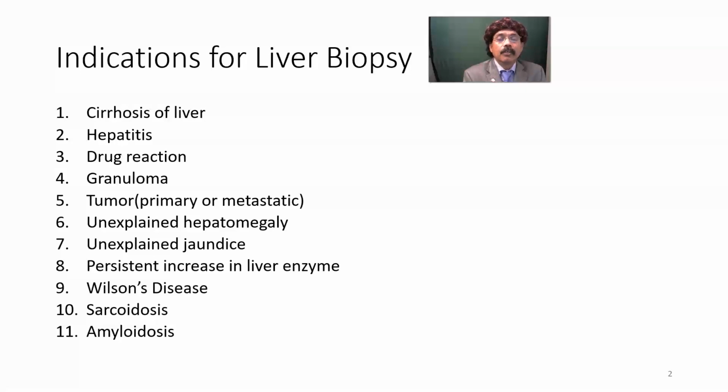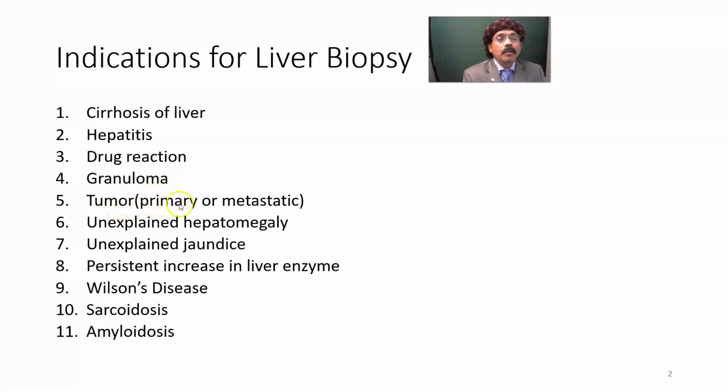Drug reaction, because most drugs are metabolized in the liver. Granuloma, a chronic inflammatory mass, may be due to amoebic liver abscess, a complication of amoebic liver abscess, or any other chronic inflammatory disease like tuberculosis.